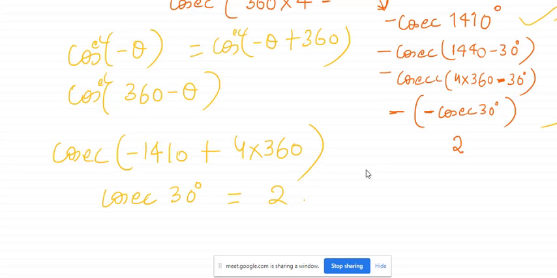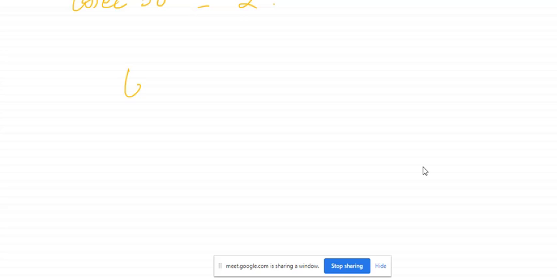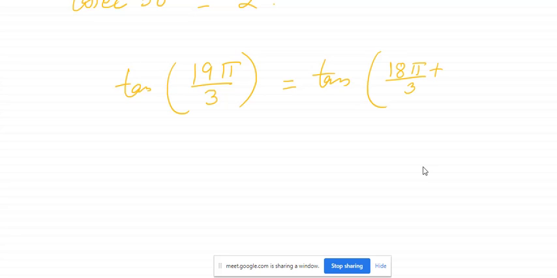And those which are in pi are very easy to solve because you don't have to think a lot. Here you are multiplying and all, but whenever the angles are in pi, you can do it in a very easy way. Let's say you have 19 pi by 3. The multiple of 3 nearest to 19 is 18, so you can write it as 18 pi by 3 plus pi by 3.